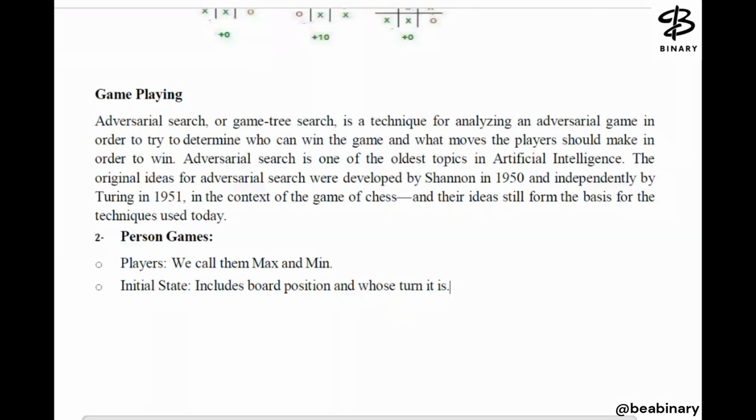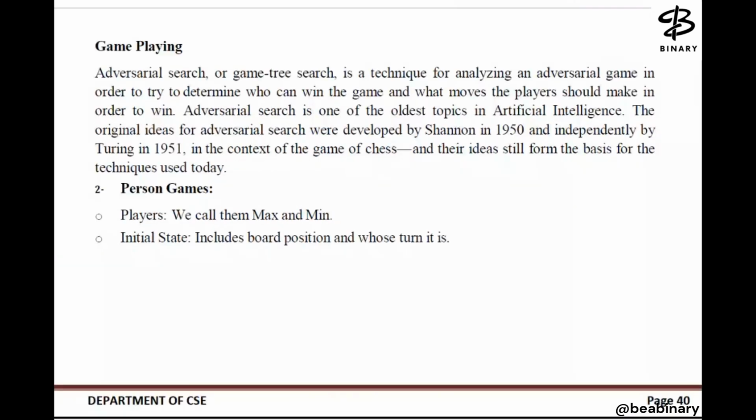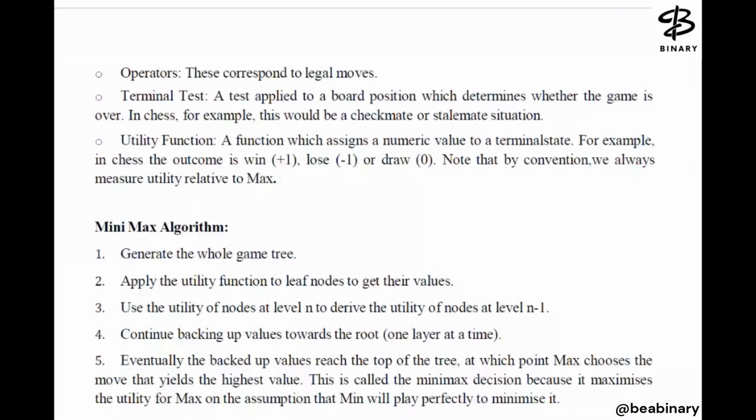So the initial state will be decided here, and then the operators that correspond to the legal moves: what the player who is playing can do, or what legal moves are allowed to him. Then the terminal test will be performed, a test applied to a board position which determines whether the game is over. In chess, for example, this could be a checkmate or stalemate situation.